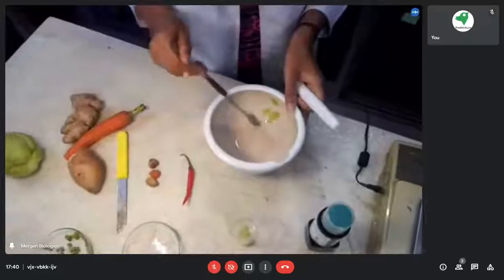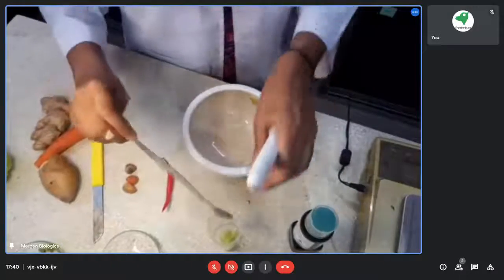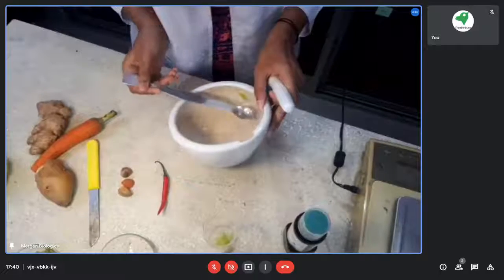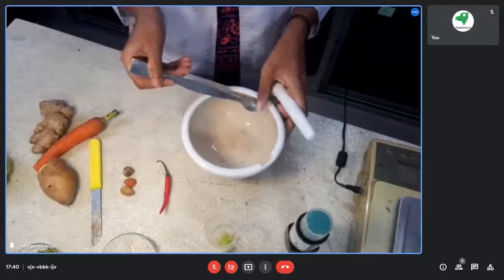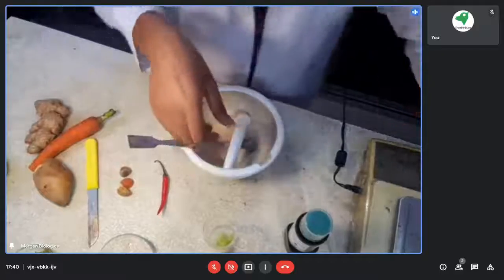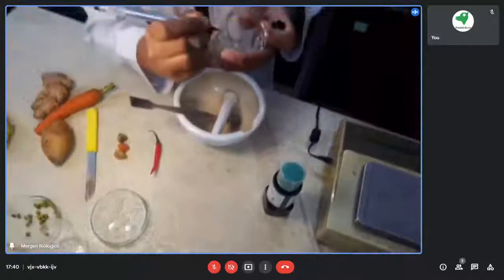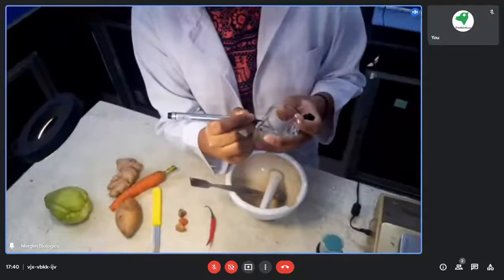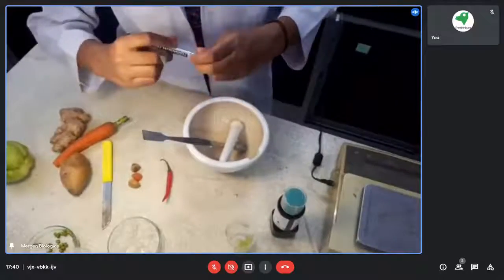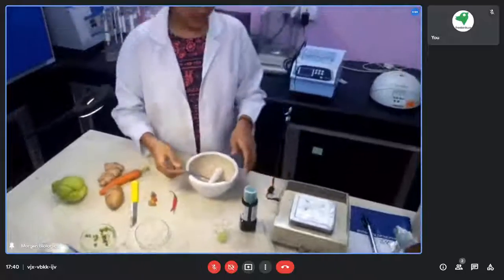After transferring this into the beaker, I will mark it as 1 so that I can remember which beaker has what sample. The marking is totally for me. You can mark it in alphabets also, that depends on you.